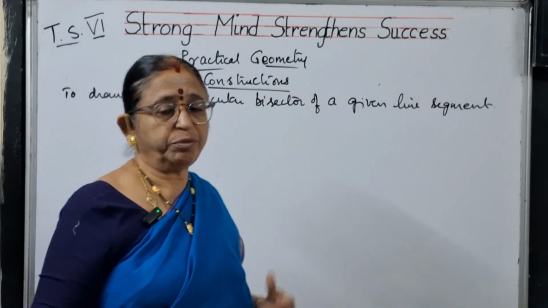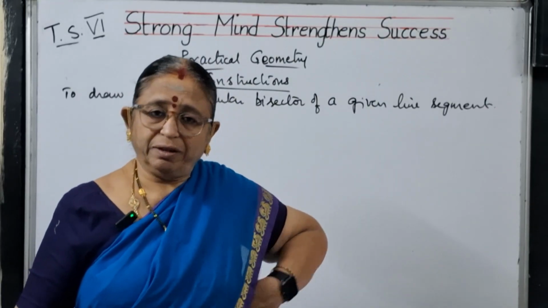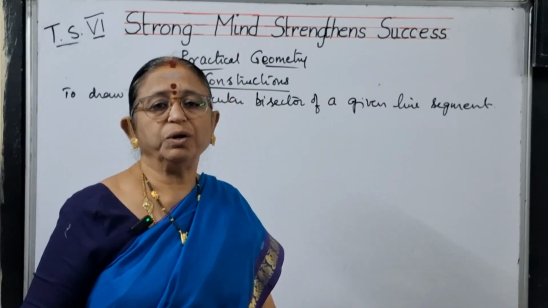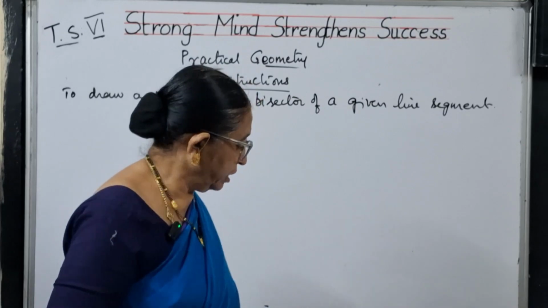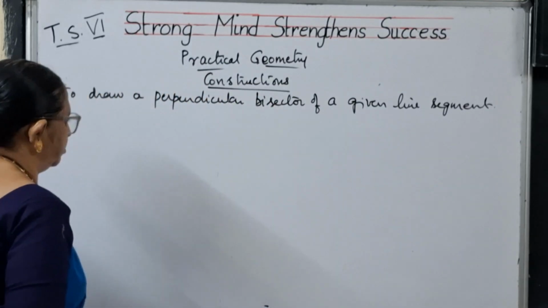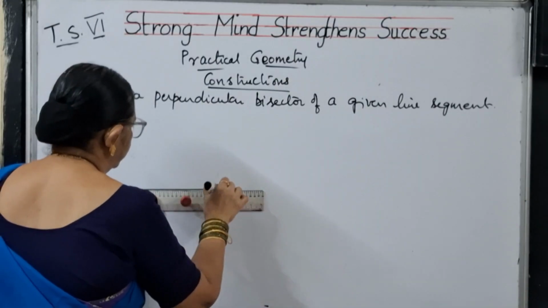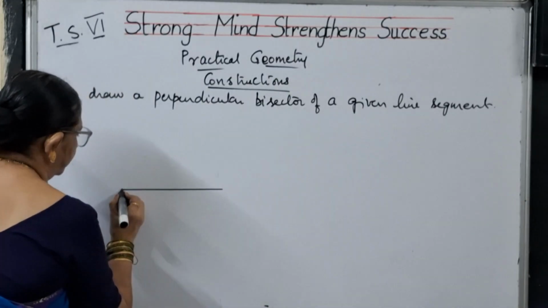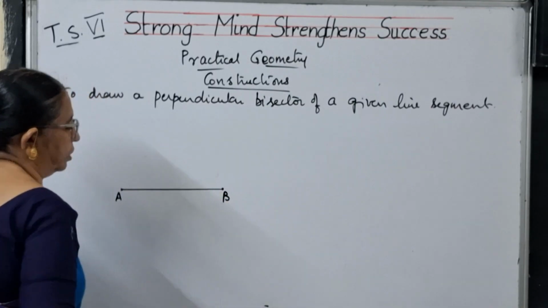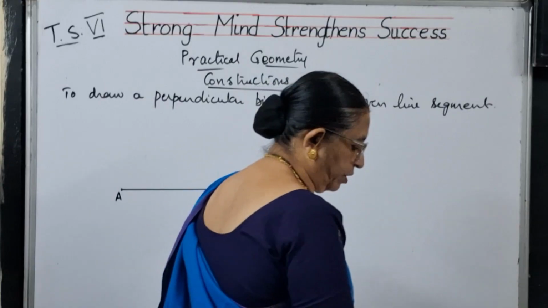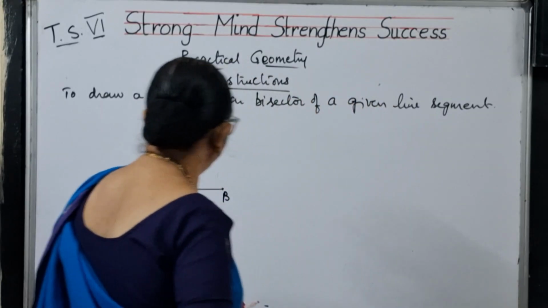First you draw a line segment of measuring so and so centimeters and then draw the perpendicular bisector. But sometimes they will just ask you to draw a perpendicular bisector of any line segment. So it's your wish. If they have not given any measure, you have to first draw a line segment like this. Let me consider this as A and B. So AB is the line segment, and for this line segment I should draw the perpendicular bisector.